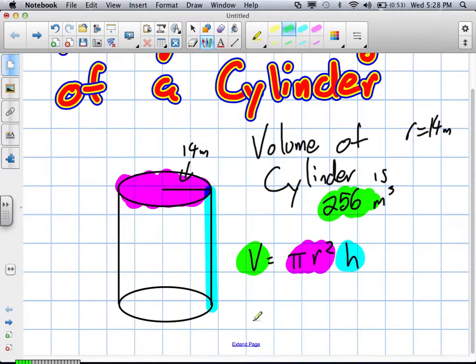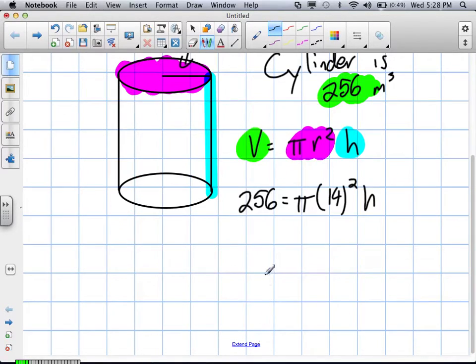So we're going to plug in 256 for volume and 14 for the radius. Our volume equation is 256 equals pi, which stands for a number, times r, which is 14, squared, times h, which is what we're trying to find.